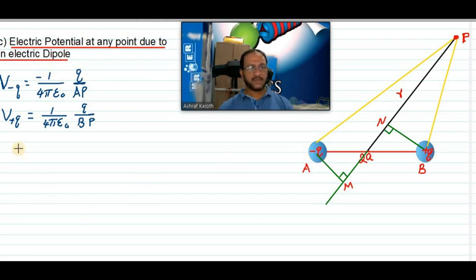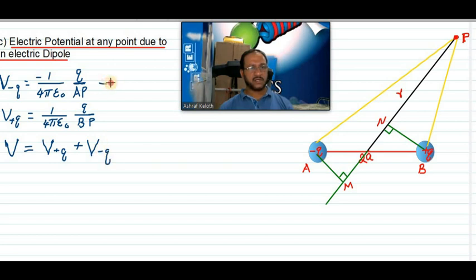Then write down the net potential at the point P due to the dipole, V is equal to V due to plus q plus V due to minus q, the potential due to plus q and the potential due to minus q.